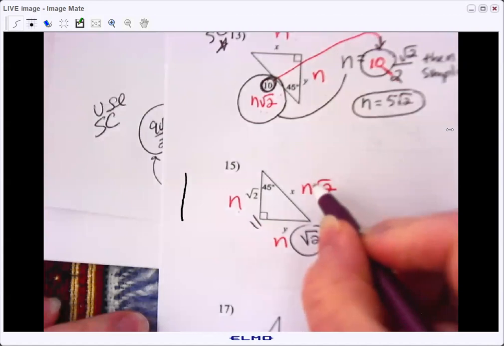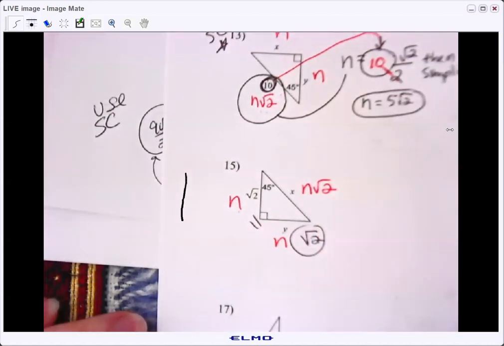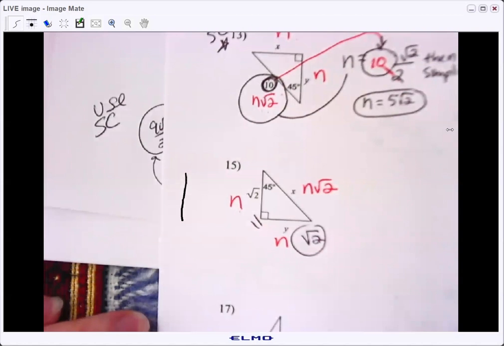What do I do to find the hypotenuse? What am I going to put in place of n? Root 2.